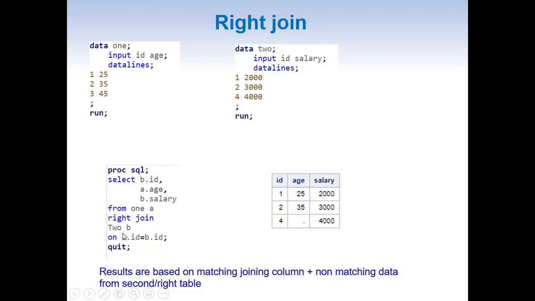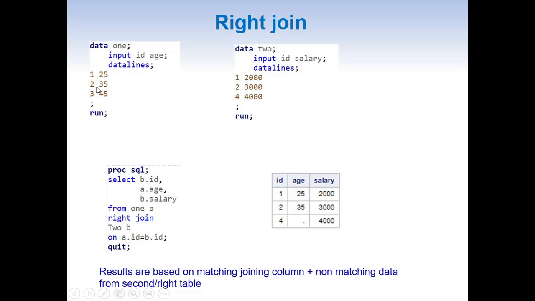And you will have all the information from the right table, and whenever there is no match, that is in the case of 4, there is no match, so we will have the information related to 4 ID also, but you will not have any information related to 4 in here. So for right join, we will have all the information from the right table, and only matching information from the left table. That is when ID is 1 and 2.